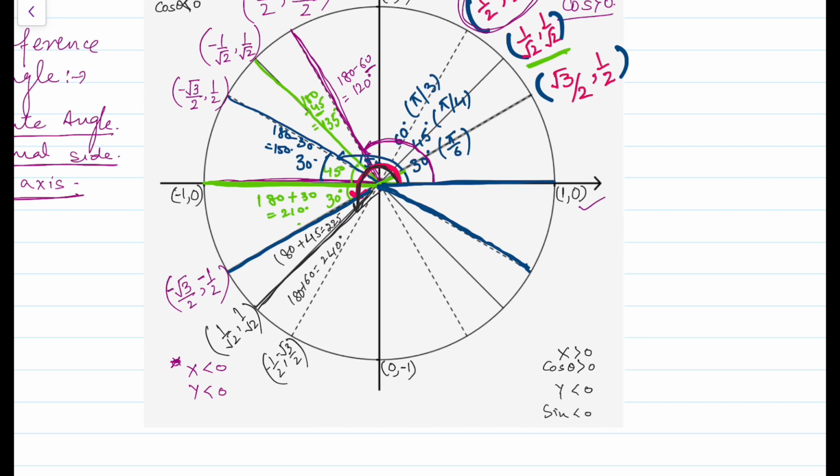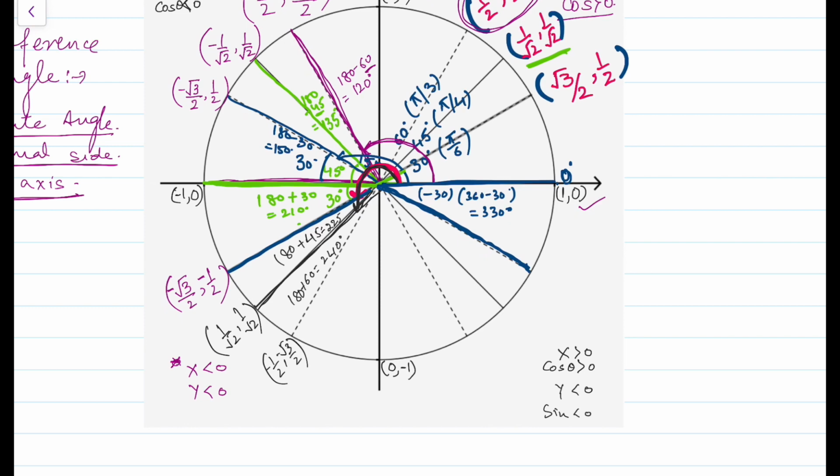If that angle is 0 degrees here, this is on the opposite side, so it's going to be minus 30 degrees, or you can say 360 minus 30 degrees. Either you can write it as minus 30 degrees as an angle, or you can write 360 minus 30, which is 330 degrees.